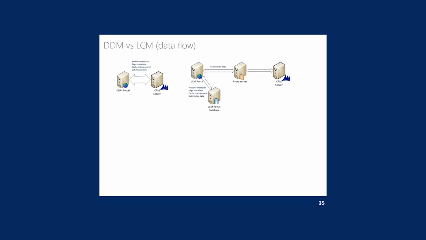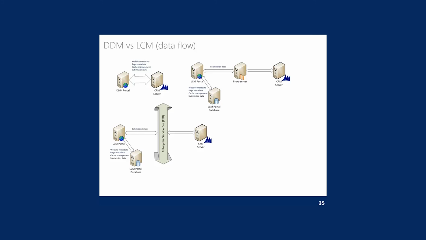Also, a very important thing to consider is that in the case of an LCM portal, it is possible to use the enterprise service bus. All this proxying and queuing that I was mentioning is done through the enterprise service bus, so your portal will be able to access other subsystems in your environment in the proper way.